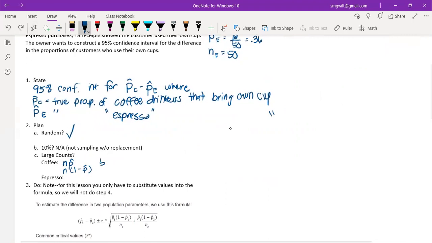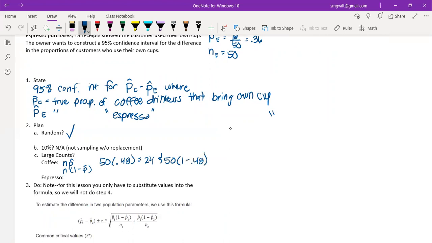So we've got 50 times 0.48, which is 24, and then 50 times 1 minus 0.48, which gives us 26. So both of those are greater than or equal to 10, so that meets that requirement.